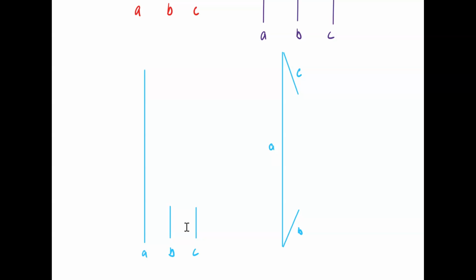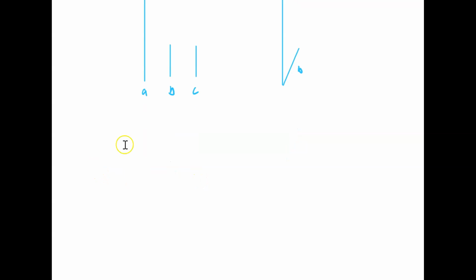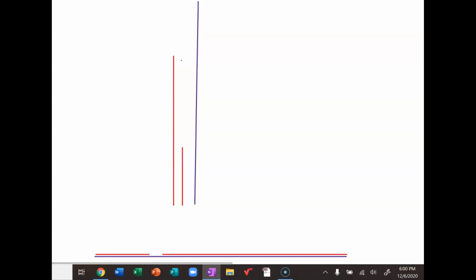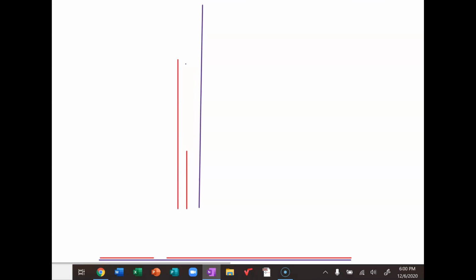And they can't be equal to A, by the way, because if they were exactly equal to A, then these two sides over here would just lie flat. They wouldn't quite make it. So for example, let me draw that out. If you imagine now, here you have the longer side.